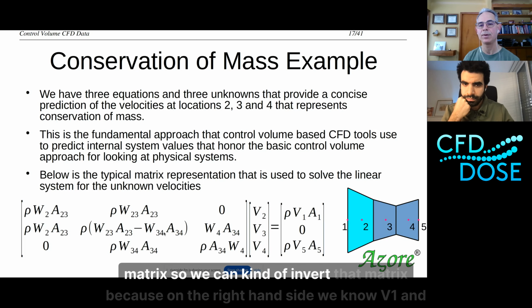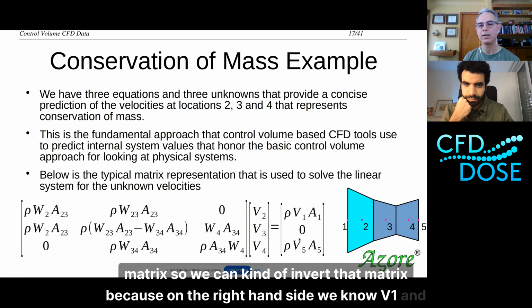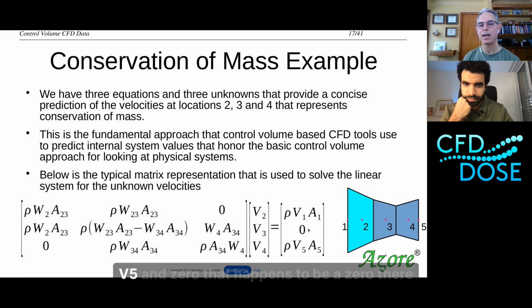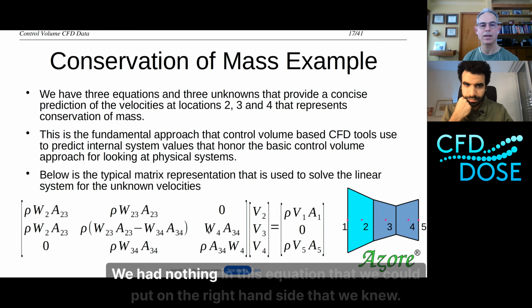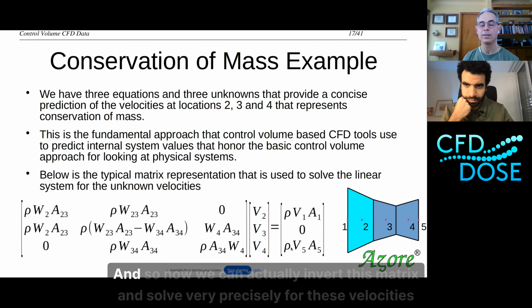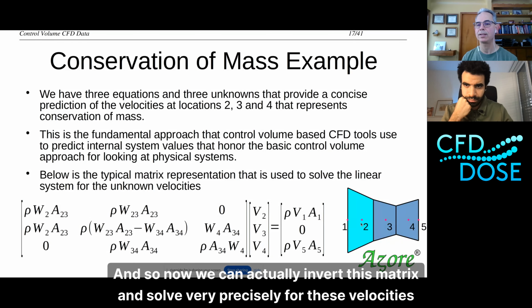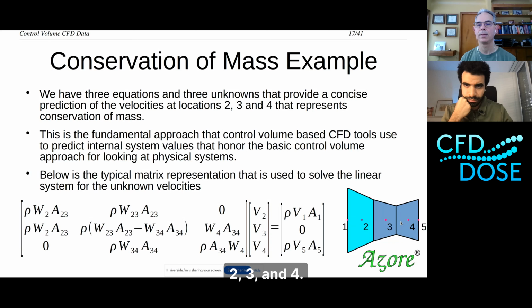So we can invert that matrix, because on the right-hand side, we know V1 and V5, and 0. That happens to be a 0 there because we had nothing in this equation that we could put on the right-hand side that we knew. And so now we can actually invert this matrix and solve very precisely for these velocities 2, 3, and 4. And so that's very handy.